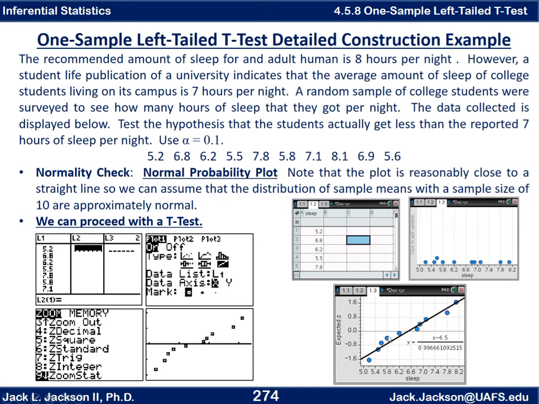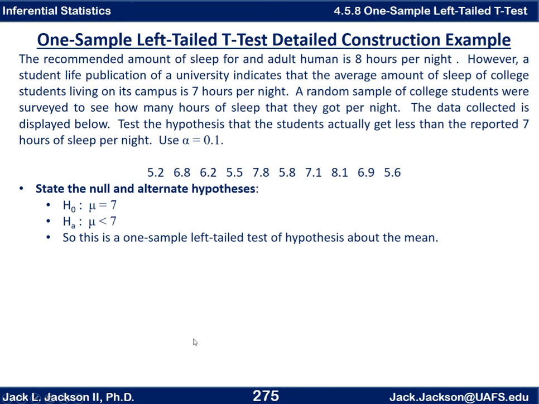And if you notice, these dots are in the same order as these dots over here, and it also gives you the regression line there as well, so you can get an idea how that compares to the line. So either way, we can get a normal probability plot which is close enough to a straight line. We feel comfortable proceeding, and so we can assume that that's true.